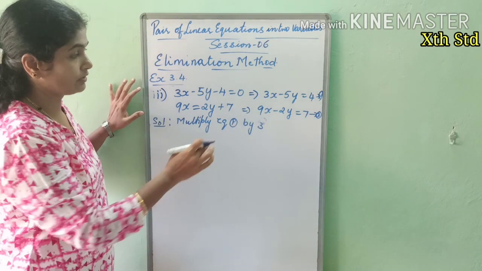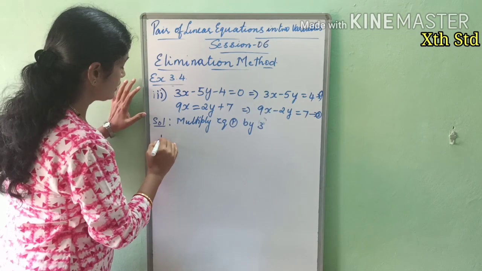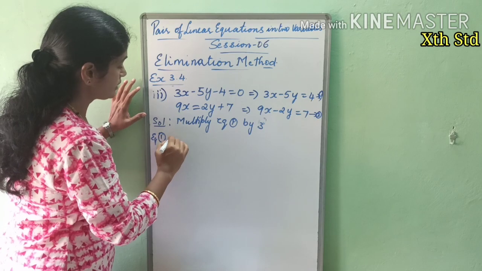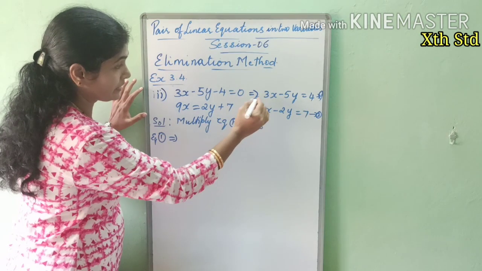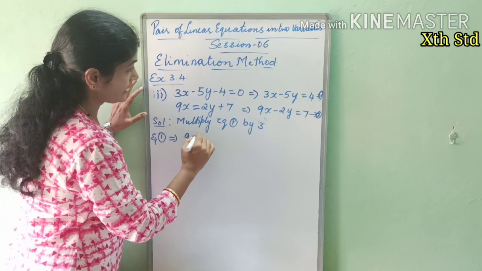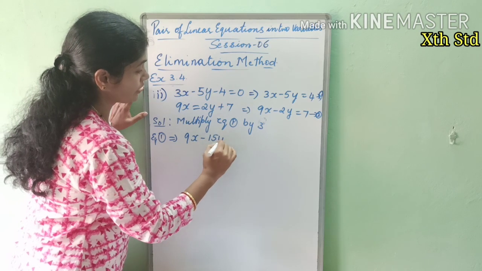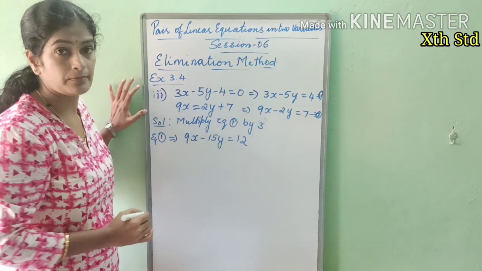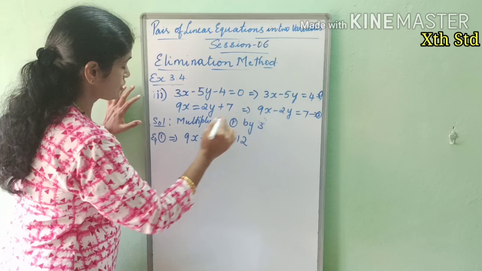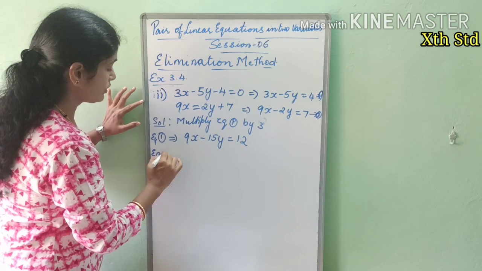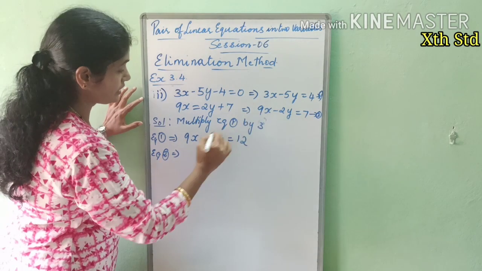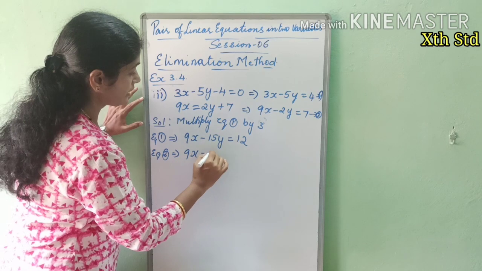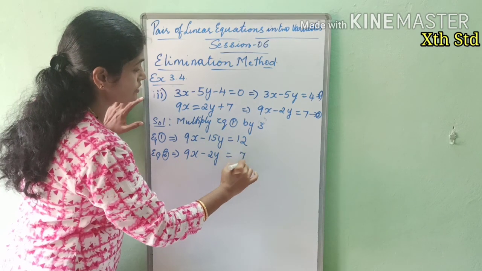Okay. Now if you multiply equation 1 by 3, then it becomes what? So 9x minus 15y is equal to 12. Fine. Then equation 2 as it is: 9x minus 2y is equal to 7.